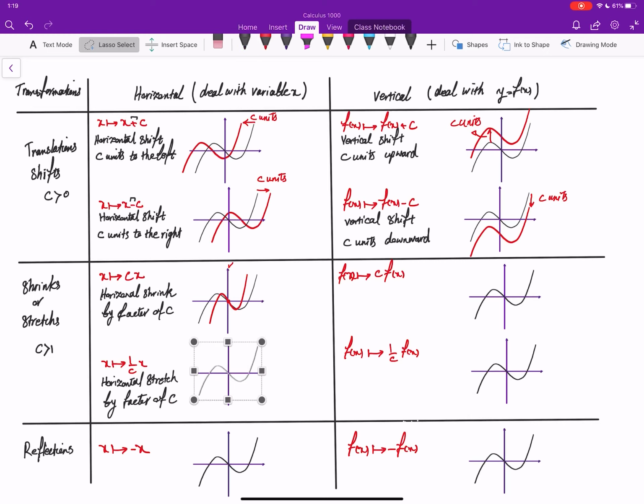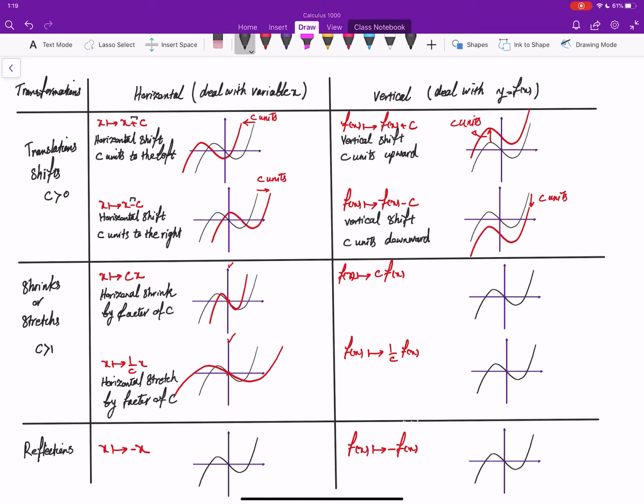Well, if this is the graph, you basically stretch it. The reason that I have to do it twice is that the tool I have here just stretches one side. I have to stretch from both sides. The y-axis stays the same, but we stretch everything in both directions, to left and right.